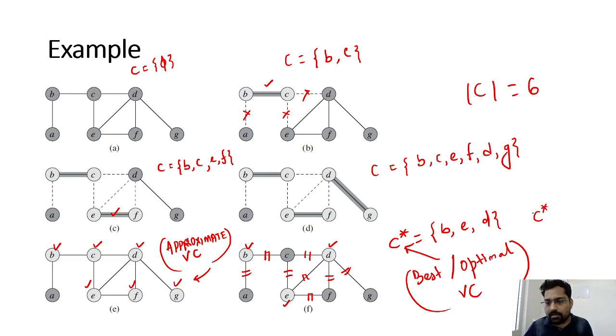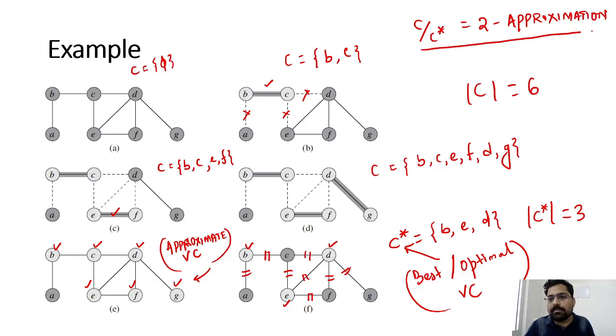For the optimal, the number of vertices is 3. So which we have studied earlier is the rho value. Here C star is 3, so we say 2 approximation. This is what we have covered.